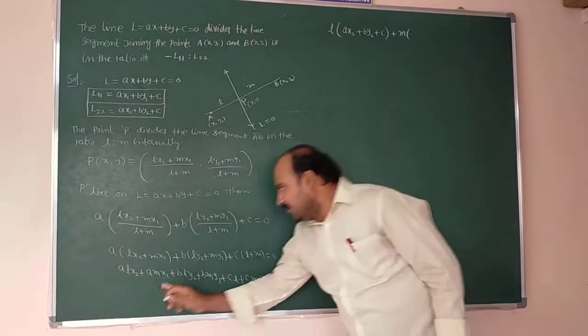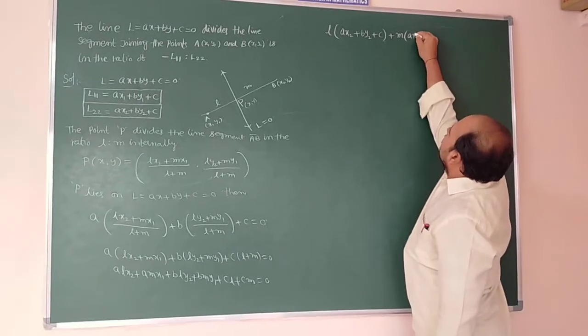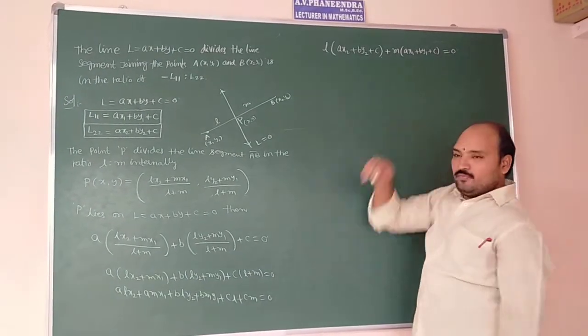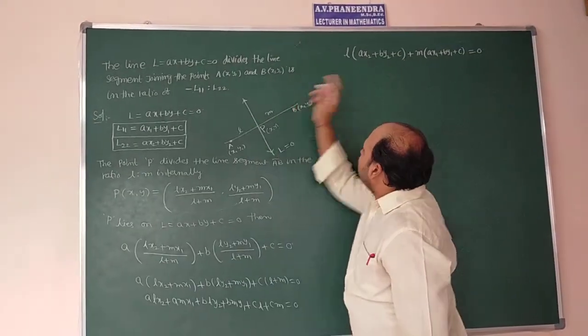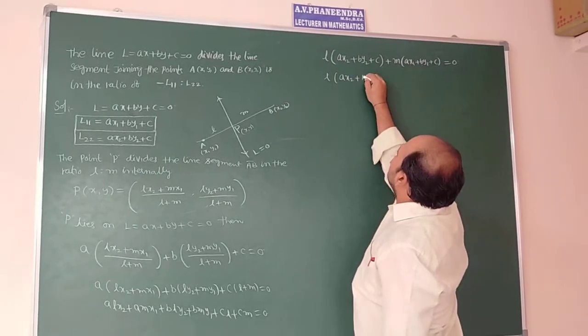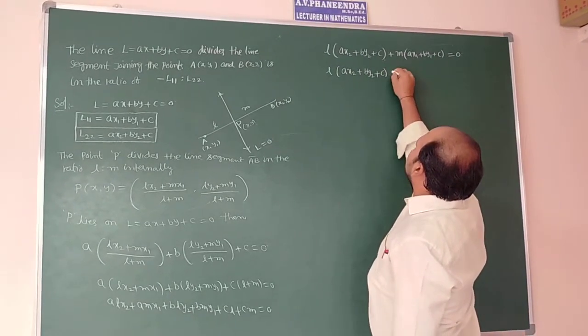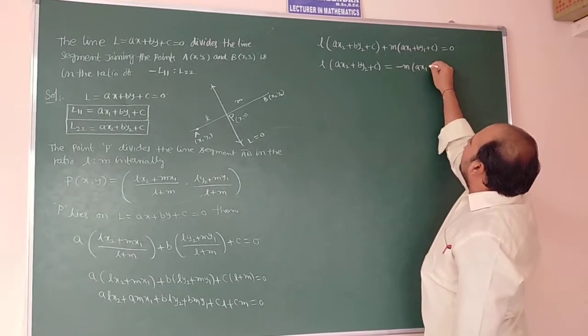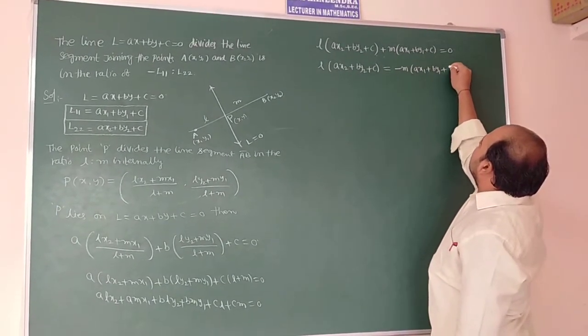So m is here. Ax1 plus by1 plus c is equal to 0. From this I want L is to m. So L into ax2 plus by2 plus c is equal to minus, we can take this side, minus m into ax1 plus by1 plus c.